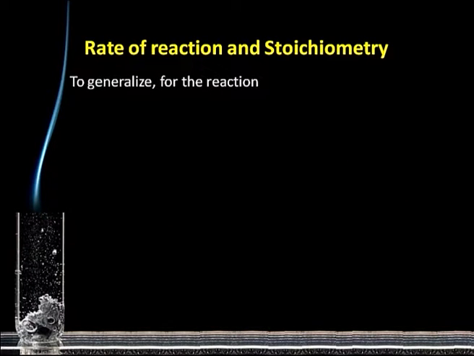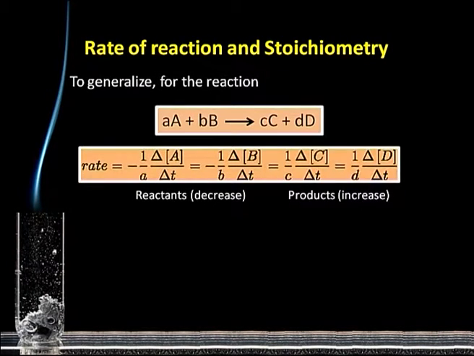To generalize, if you take a reaction in which you have a moles of A reacting with b moles of B, giving you c moles of C and d moles of D, we can write the equation. The negative sign is used for the rate with respect to reactants, because there is a decrease in concentration, and here you have a positive sign because the product concentration increases.